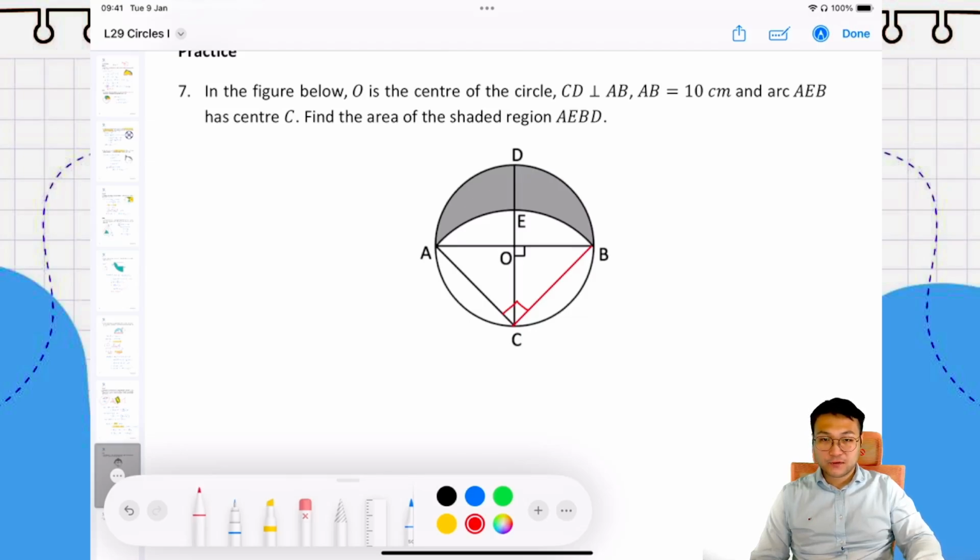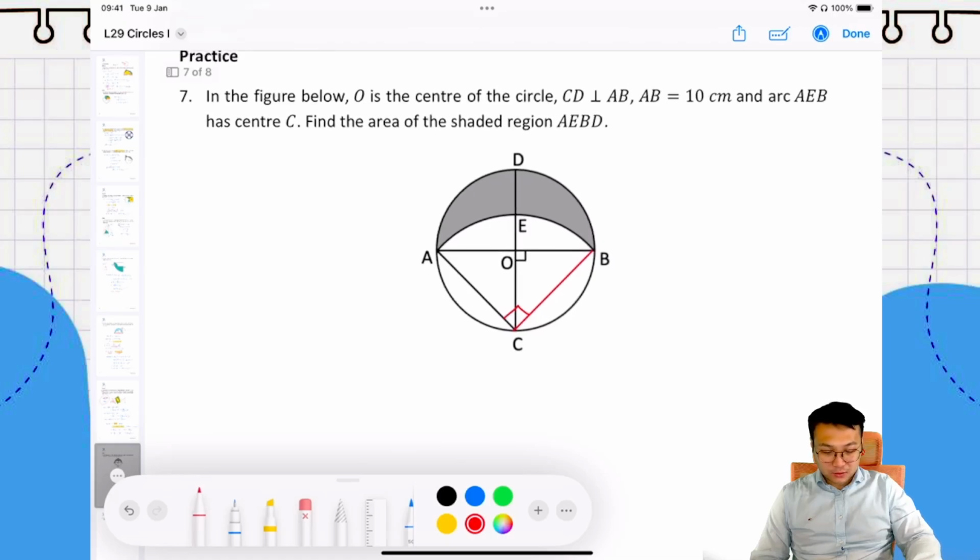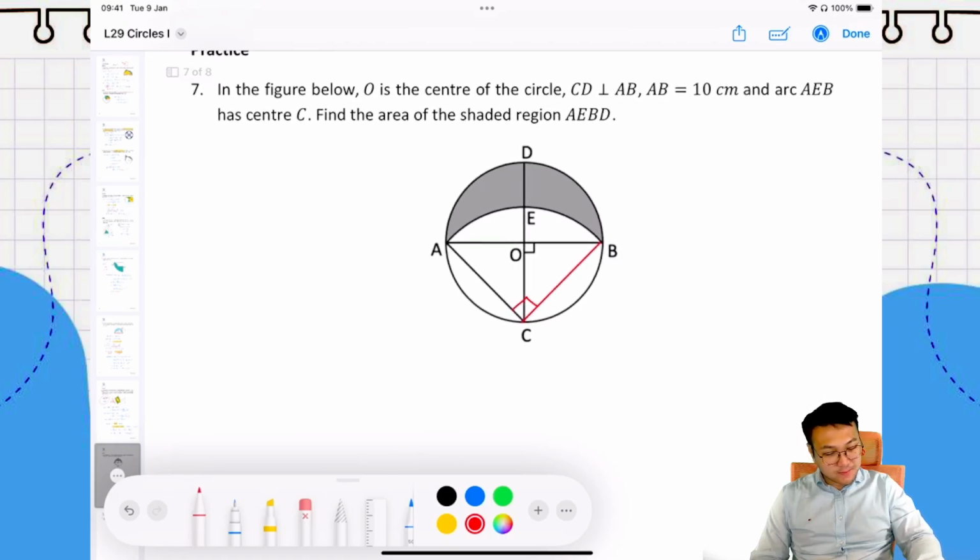Now, everyone, we know that AB is 10 cm. So if AB is 10 cm, that means the radius of this circle must be 5.